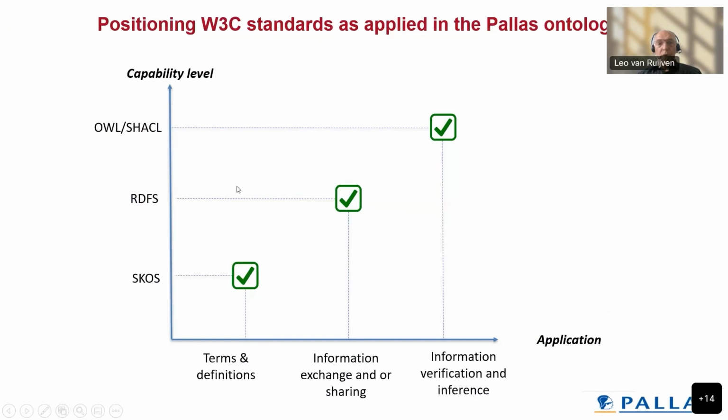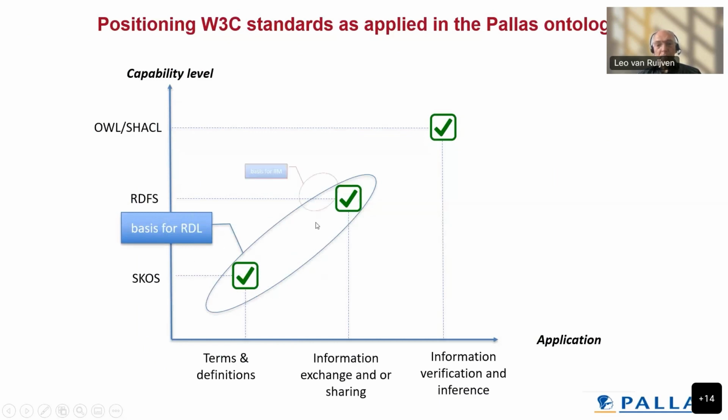For the basis of the ontology we use the W3C standards like SKOS, RDFS, and OWL. So in the standard we recognized the function of those three W3C standards, and we used for the RDL the combination of SKOS and RDFS, and for the integrated information model we used just plain RDFS to model the ontology.